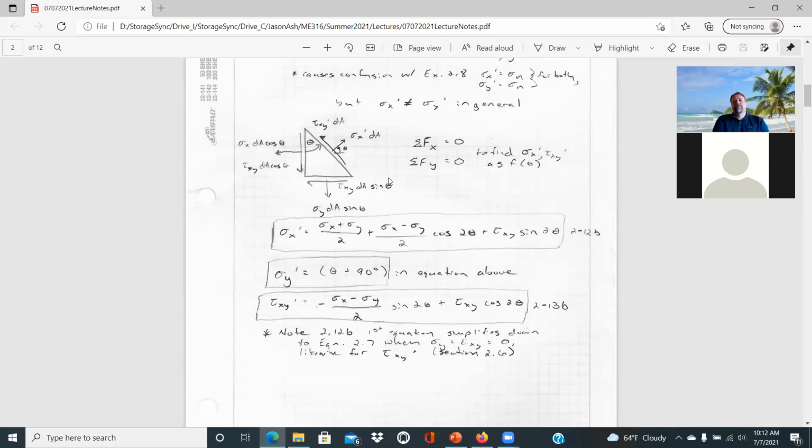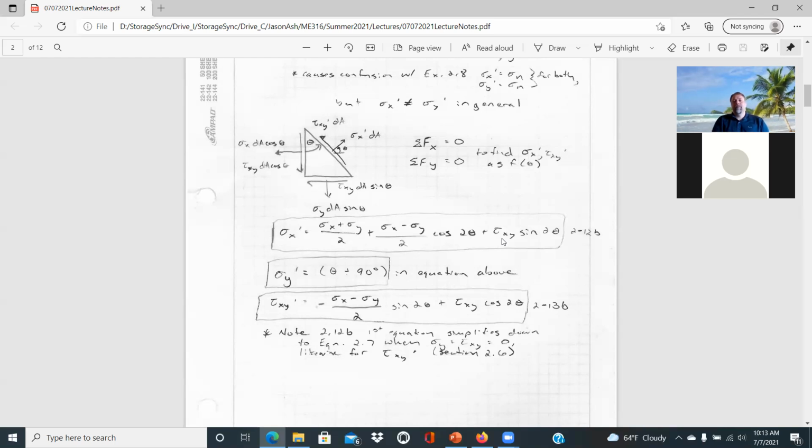If theta is, say, 30 degrees, all you have to do is plug 30 plus 90, 120 degrees, into this equation, and that'll give you your sigma y prime.